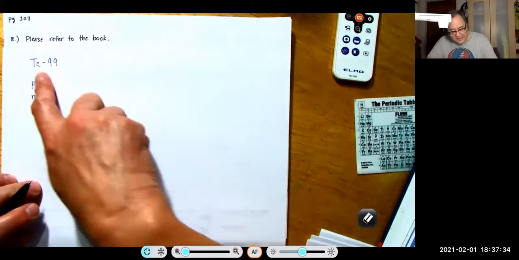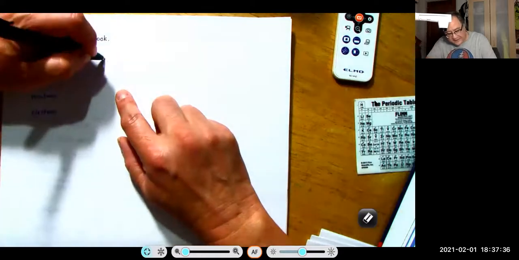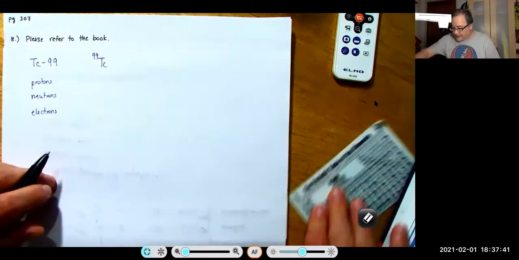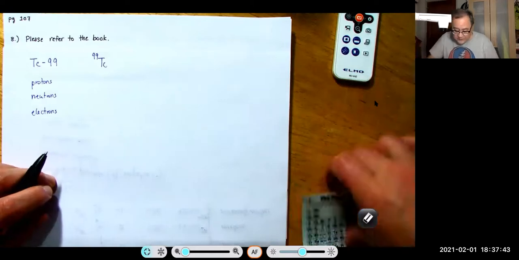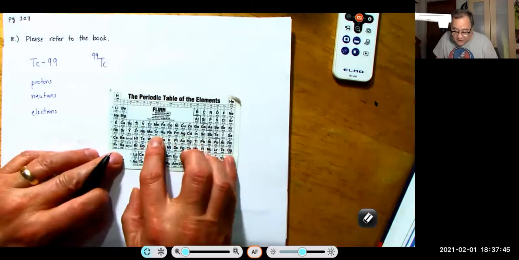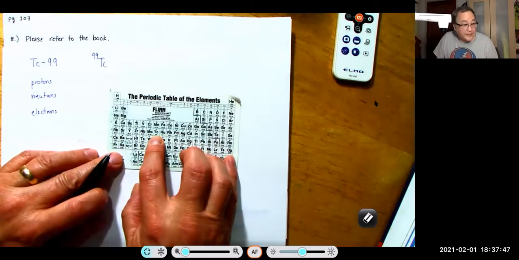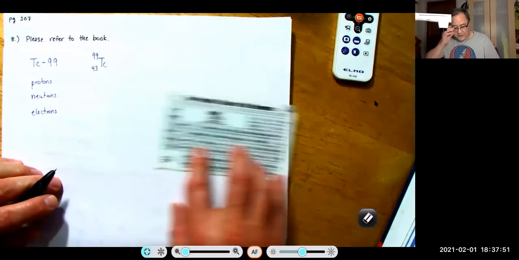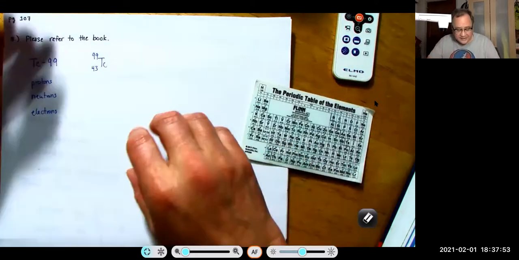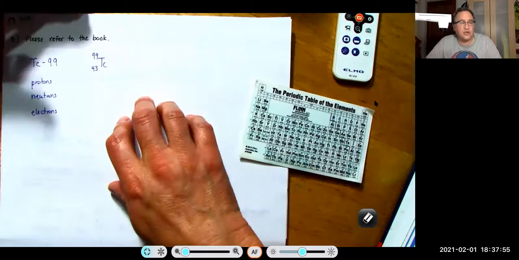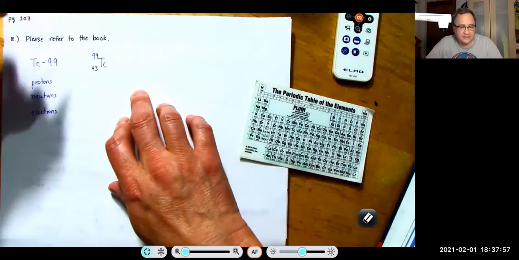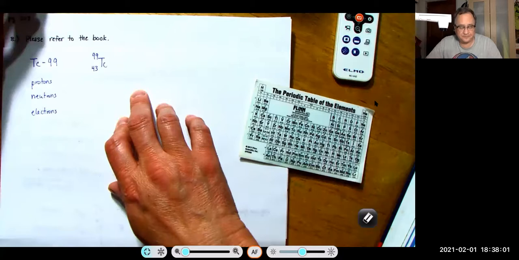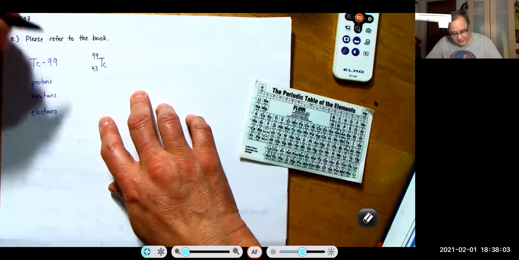So technetium-99 is Tc-99 at the top. And when we look at our periodic table, we can see technetium right here, which is number 43. Now, when they ask us about this technetium atom, they're talking about a neutral atom of technetium. That is to say, no charge.